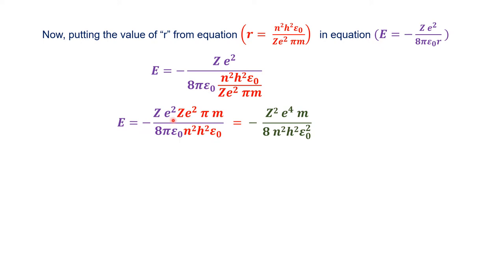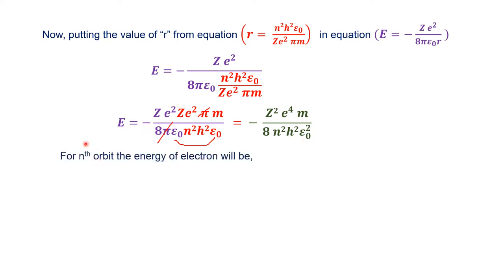Now here two Z are present, so it will become Z square, e square and e square will become e4. m is present, and pi is present in the numerator and denominator, so it will cancel out. Here these both terms will also be squared, so we will get minus Z square e4 m divided by 8 n square h square epsilon naught square.